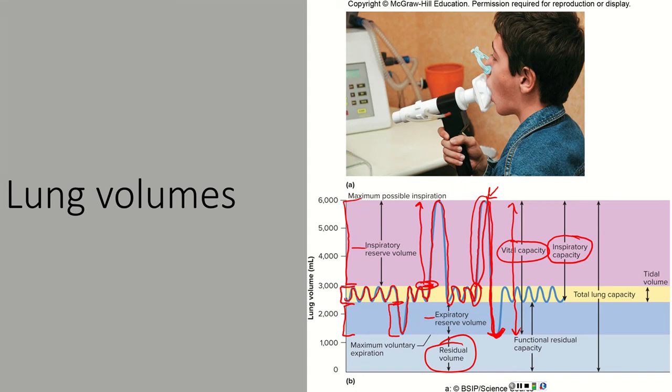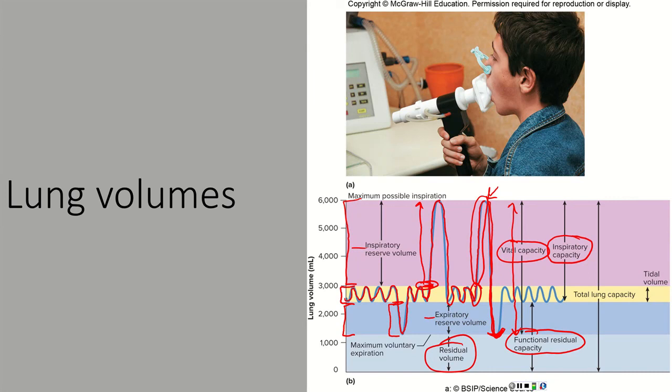So, if we combine the expiratory reserve volume and the residual volume, that gives us functional residual capacity. Expiratory reserve volume plus residual volume is equal to functional residual capacity. So what is functional residual capacity?